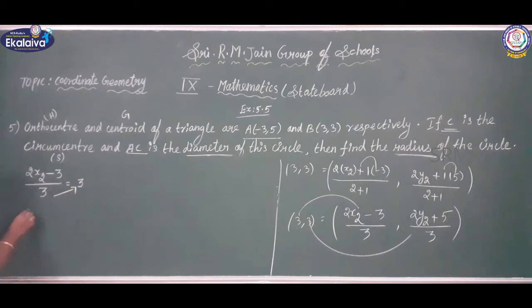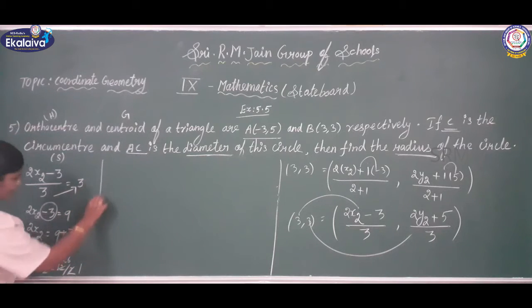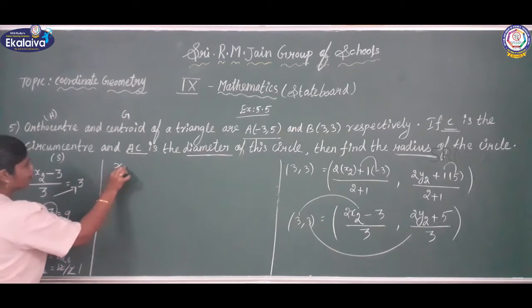Cross multiply this. 2x2 minus 3 equal to 3 3s are 9. 2x2 equal to 9, the minus 3 will change to the other side as plus 3. So 2x2 equal to 12. x2 equal to 12 by 2, because multiplication changes to division on the other side. 2 sixes are 12.